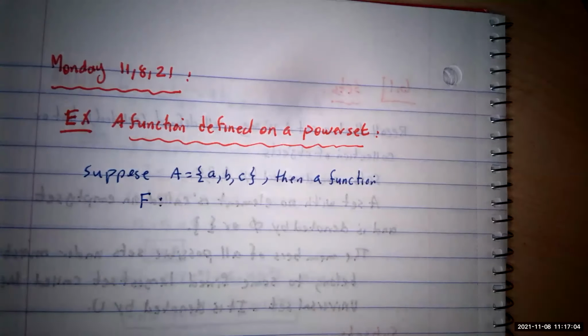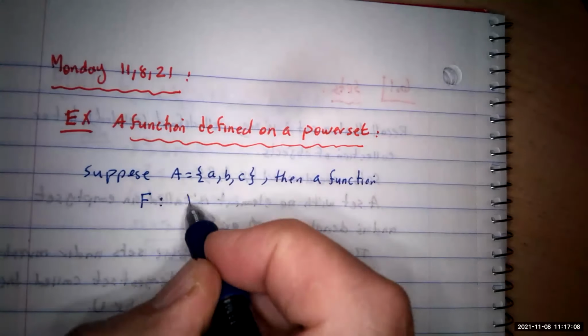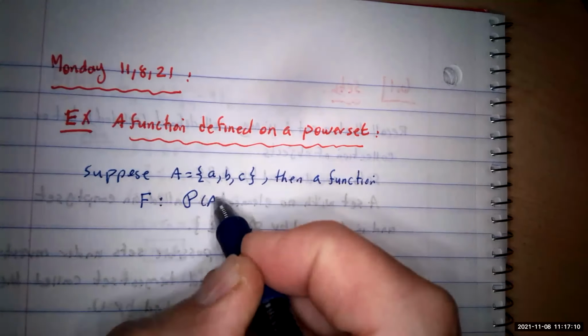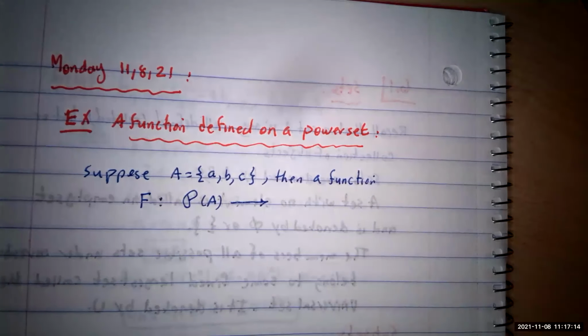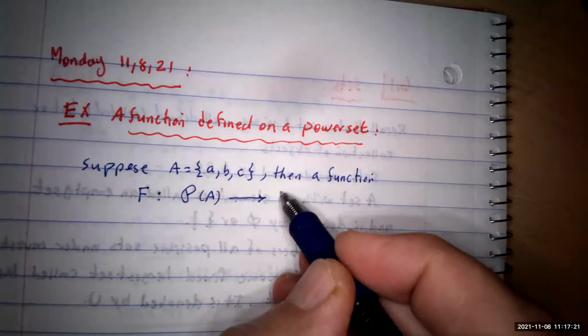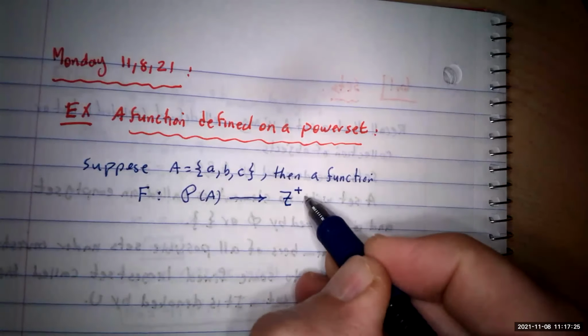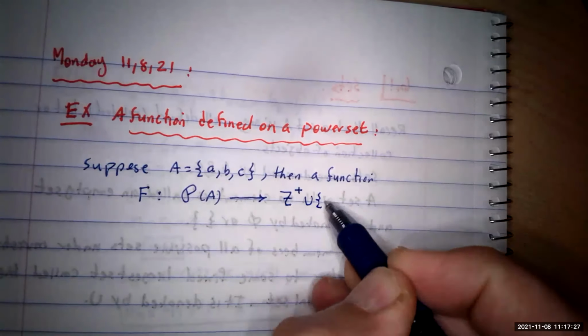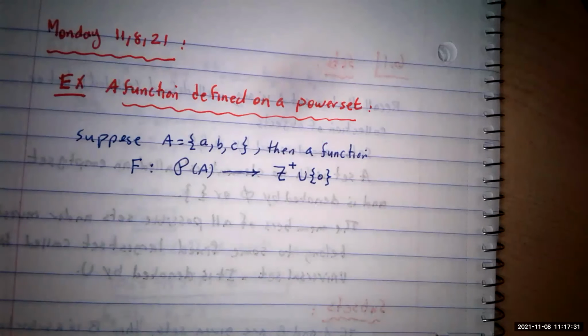The domain of this function is the power set P of A, and the range is going to be just non-negative numbers. Non-negative numbers means positive integers, or maybe 0, and we may use 0 too. This notation means natural numbers 1, 2, 3, 4, 5, 6, and also 0.